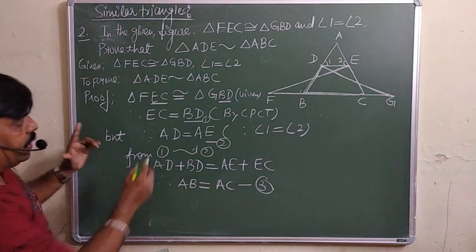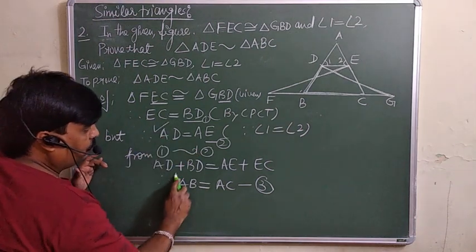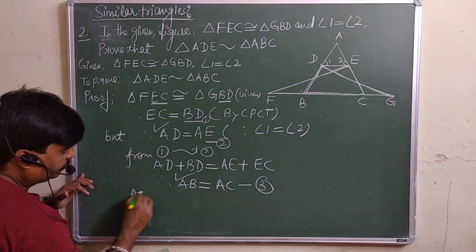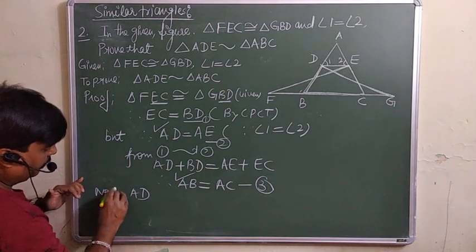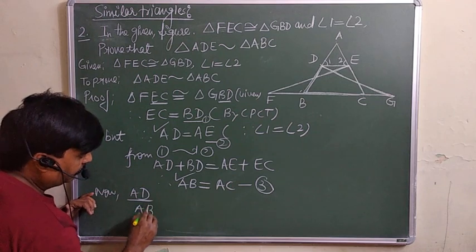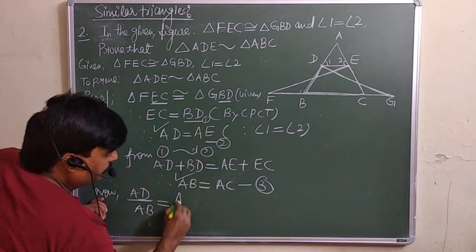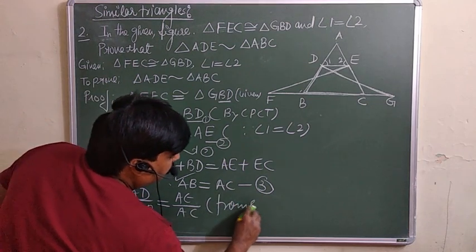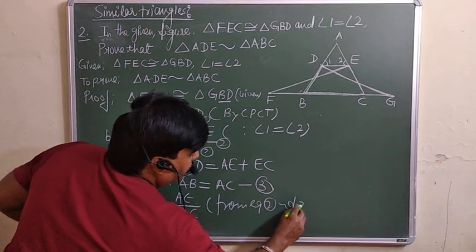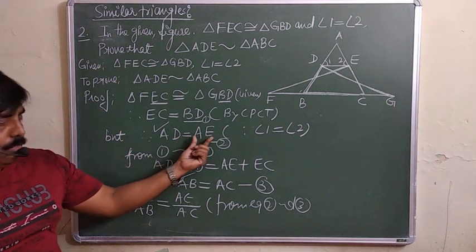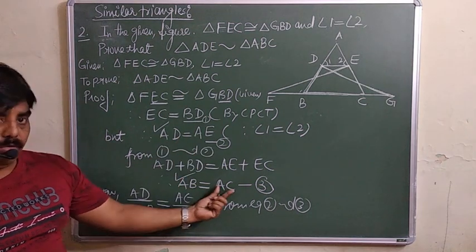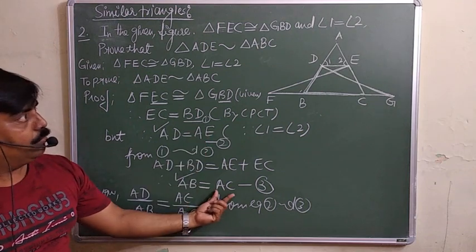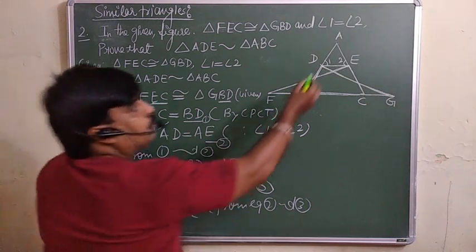Now you can take equations 2 and 3 and take the ratio. AD over AB is equal to AE over AC, from equations 2 and 3. So look at here now, what you are getting?